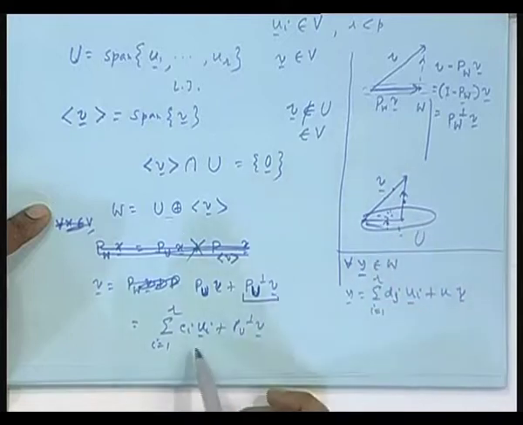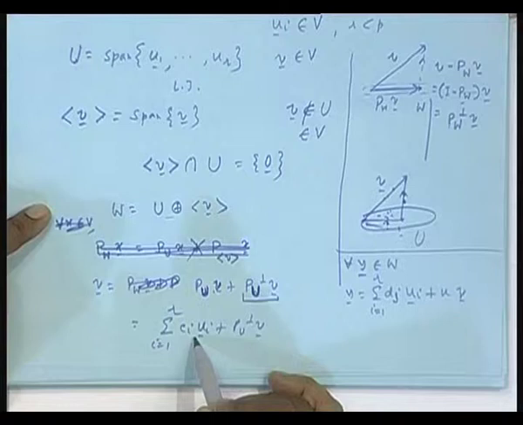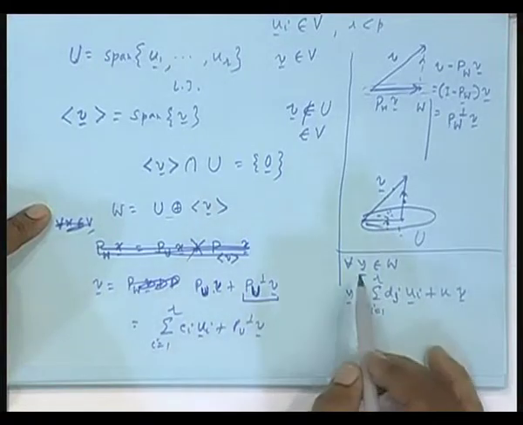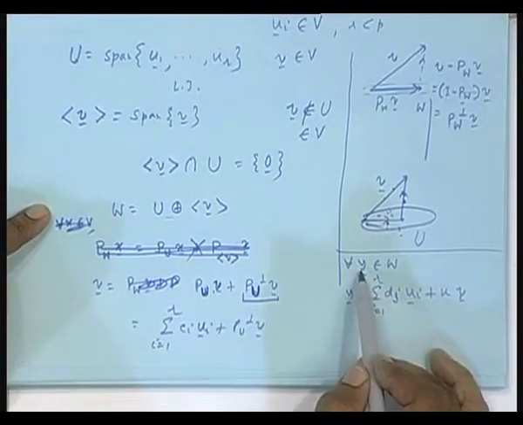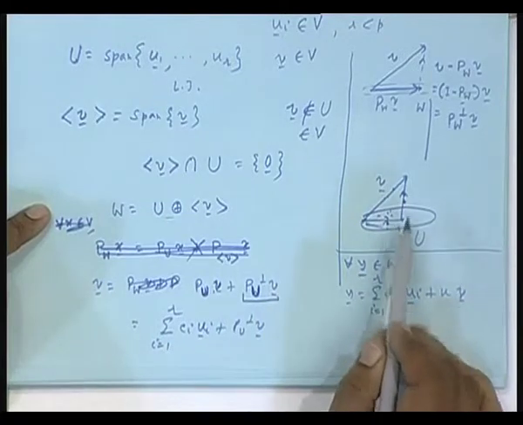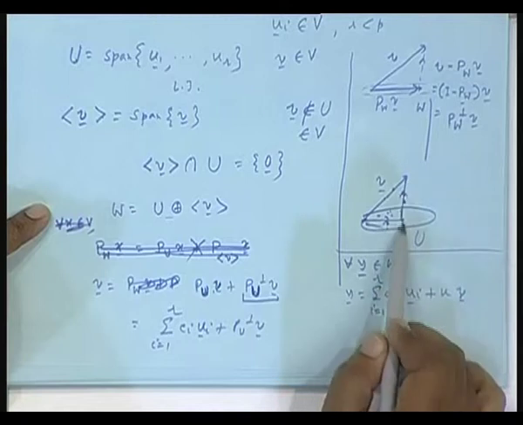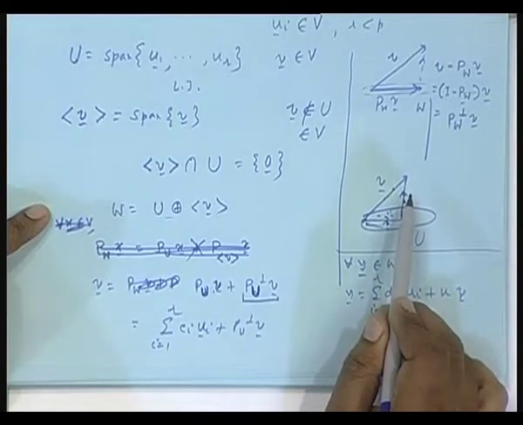This component can be written again in terms of u i's, isn't it? So, that means any vector y is a linear combination of the basis here and some multiple of this projection error.